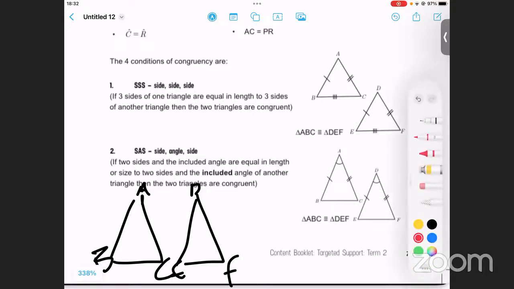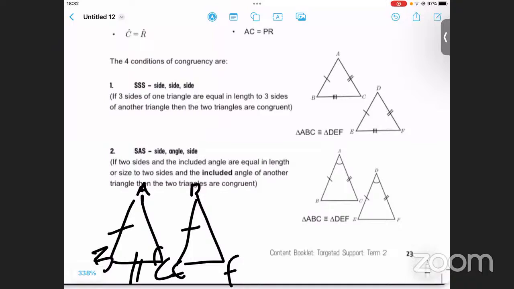Now, let's say we have side, angle, side, angle. So this is how a side, angle looks like, or angle, side. You can say side, angle, or angle, side. It depends on which one you start with.